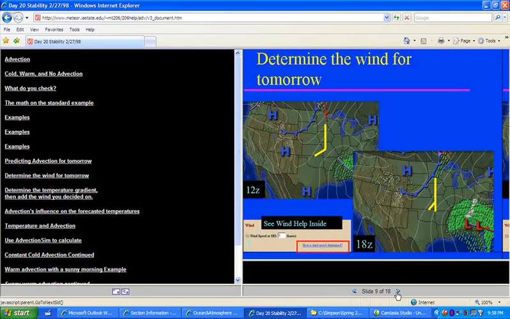Now, here's a slide. One of the things that you have to determine is wind speed and wind direction. Here you see a southerly wind, and this is for 12Z, and for 18Z you see a southerly wind at 5 knots. At 12Z, a southerly wind at 10 knots.